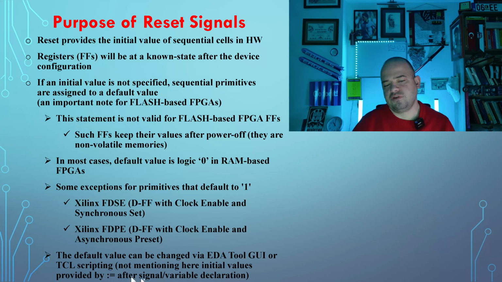But this is different from providing initial values inside the code. This is also possible. As I mentioned, after the signal declaration, there are some examples in the following slides. You can use that colon equal approach for signal or variable default values after device configuration.